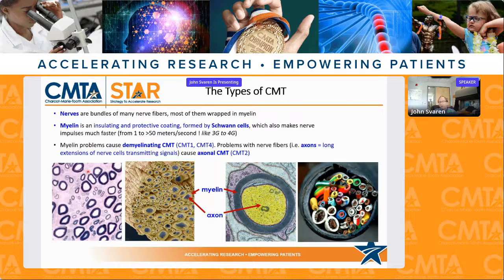Myelin proteins are known to cause what we refer to as demyelinating CMT, and this could be classified as CMT1 or sometimes CMT4. In contrast, problems with nerve fibers or the neurons themselves and the extensions of these, which are referred to as axons, are what we refer to as axonal CMT or CMT2.